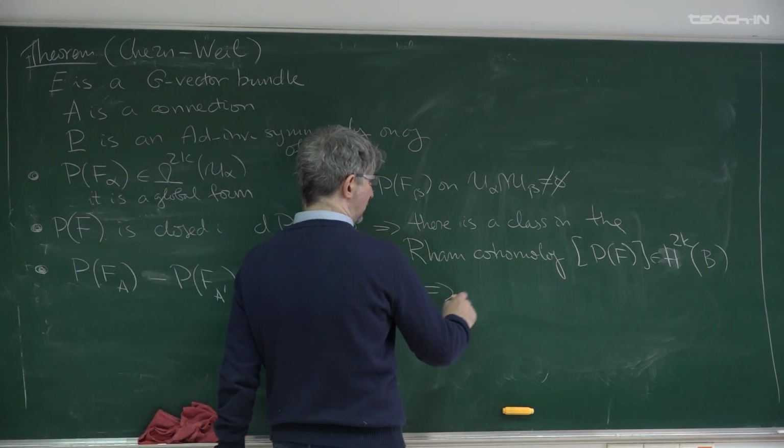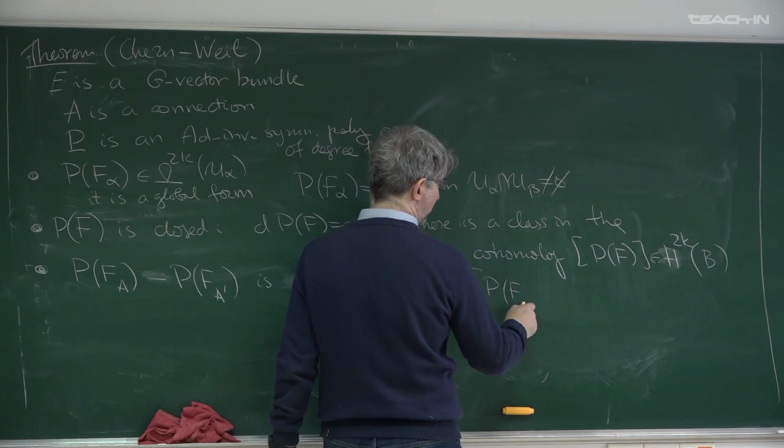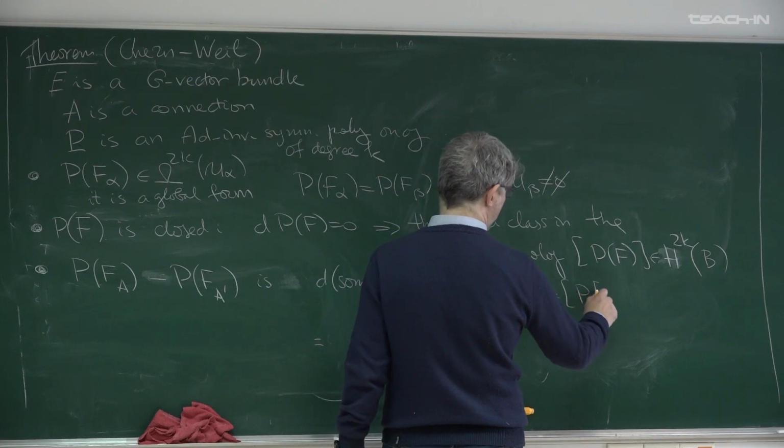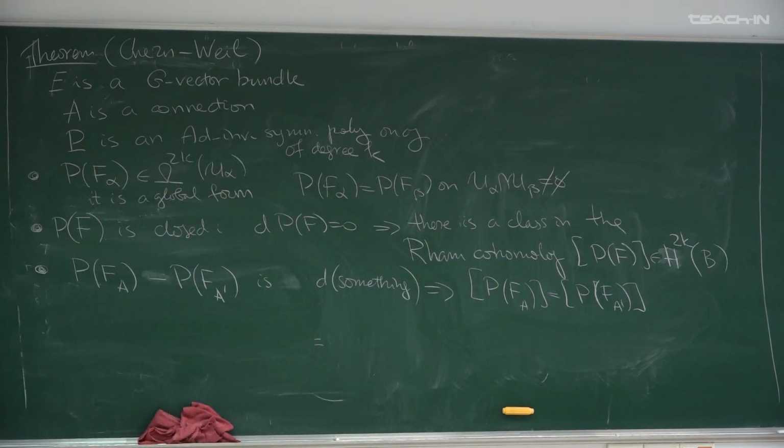It means that the cohomology class defined by connection A and the cohomology class defined by connection A prime are the same. It means a very interesting thing. By means of differential geometry, we obtained a cohomological invariant of the bundle itself.